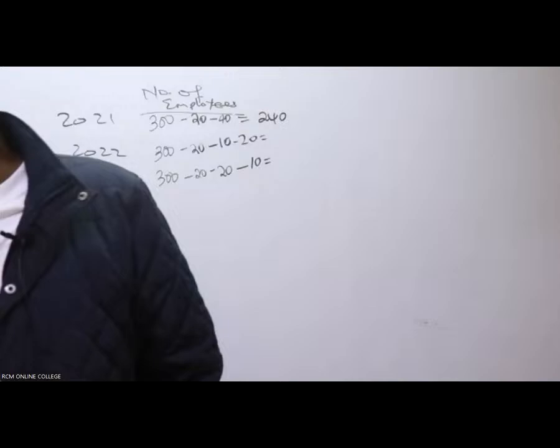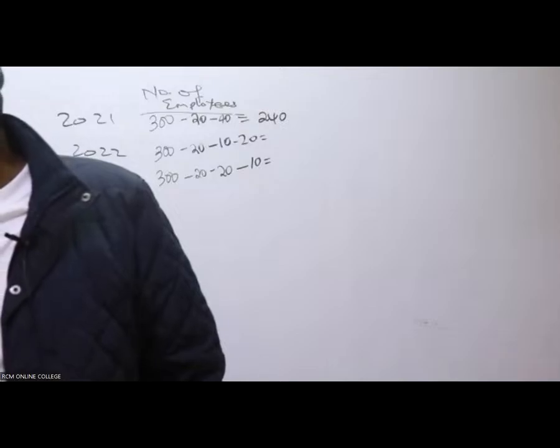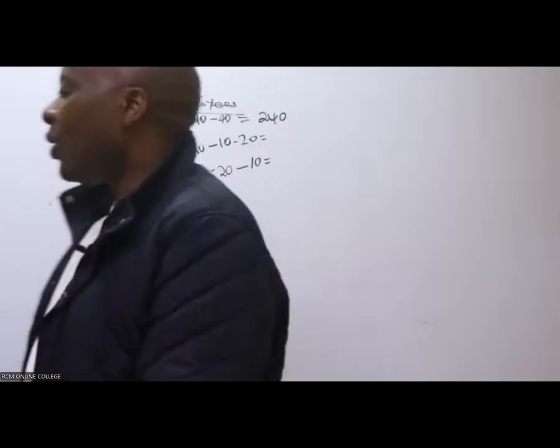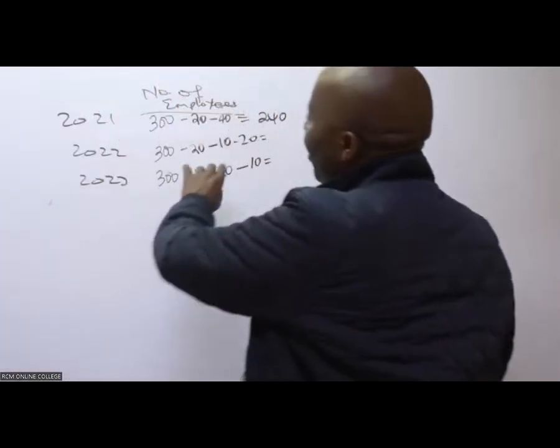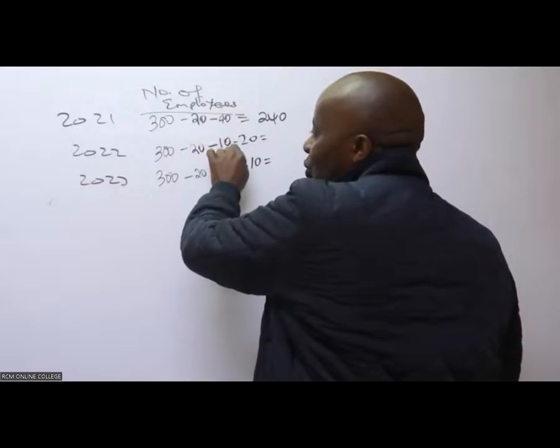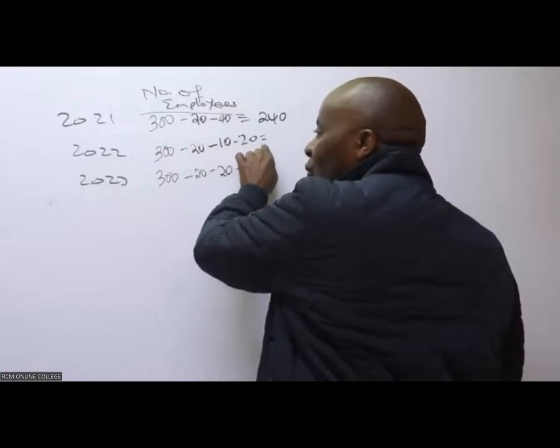Okay, so please go to 2022 now. In 2022, what have they told us? During 2022, 10 employees leave. The entity estimates that a further 20 will leave during 23. So it means that from the 300 that I started with, I should subtract the exact guys who leave in 2021 too, minus this further 20.